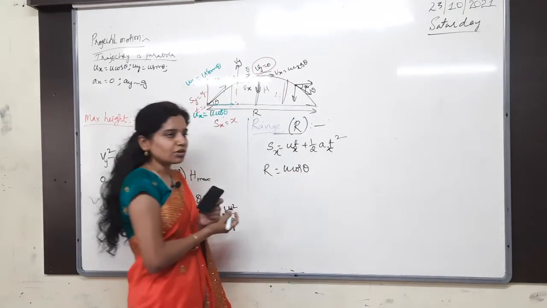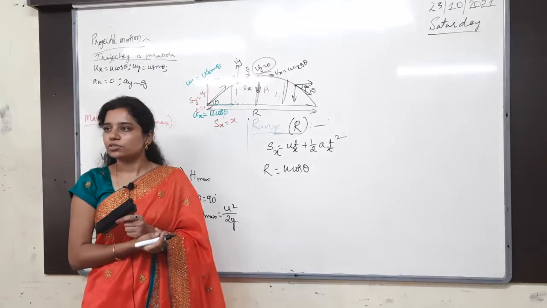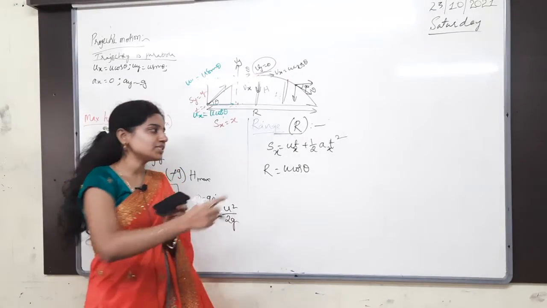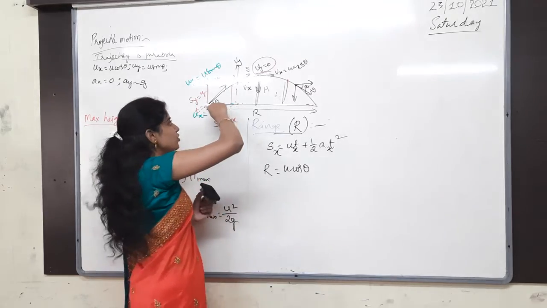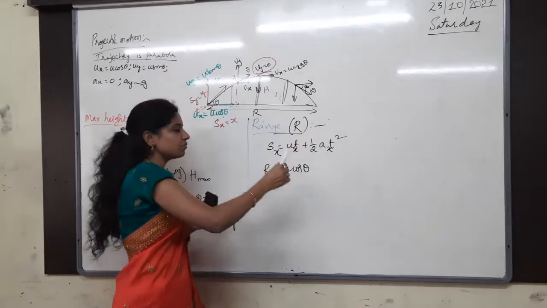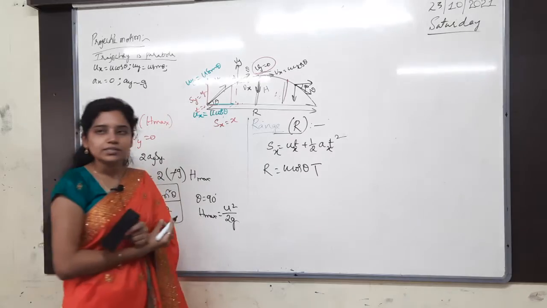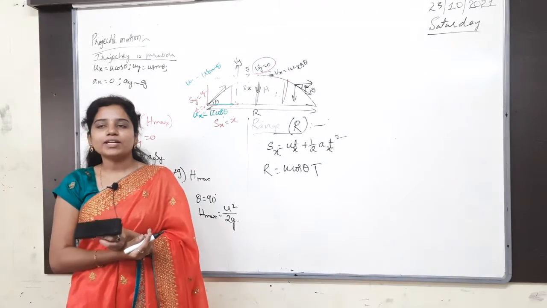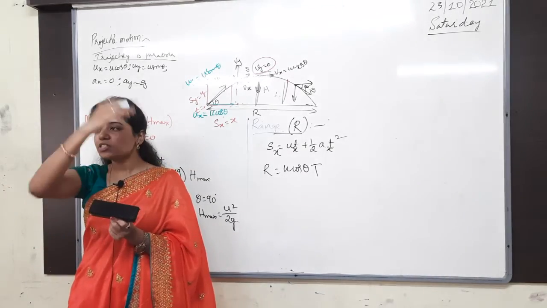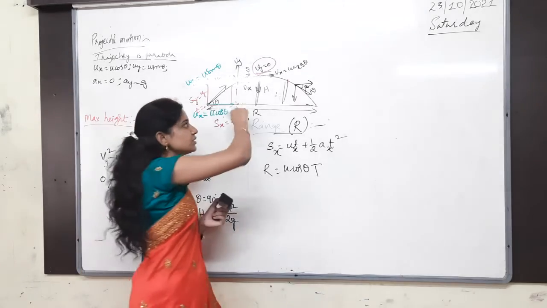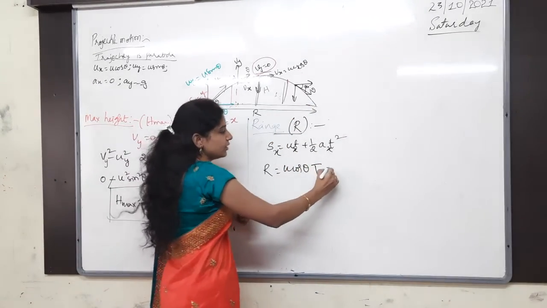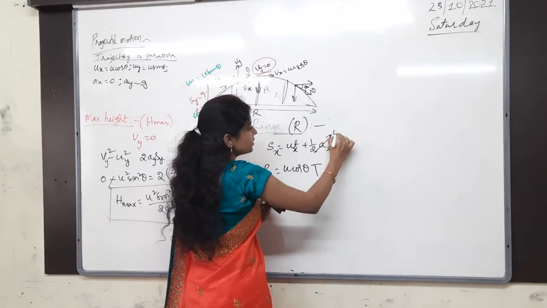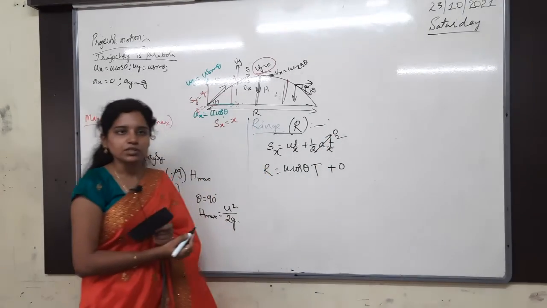It is covering the total motion, so the time will be the time of flight, the time taken to reach the ground again. So we take the time of flight t, and ax becomes 0. Everything else is 0 here.